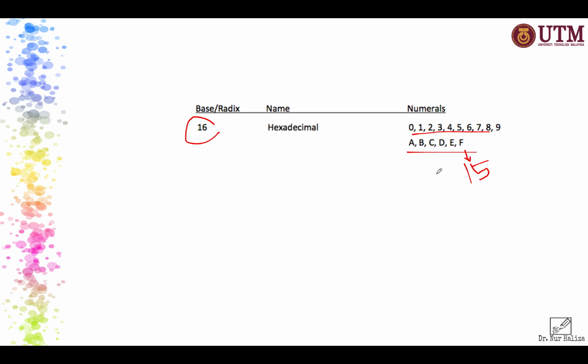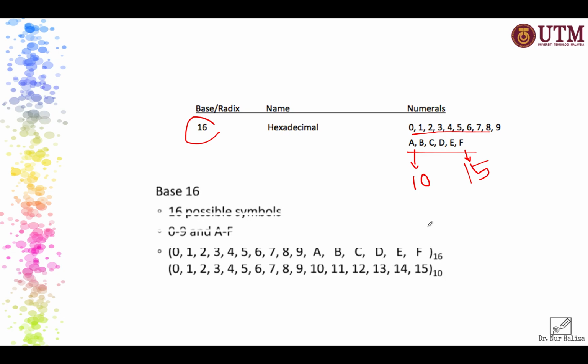So altogether you have 16 possible symbols or digits of your hexadecimal numbering: 0 until 9, and also A until F.